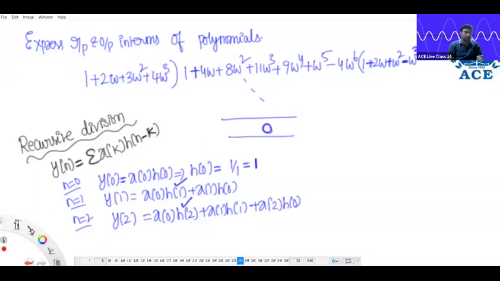Why the word recursive, sir? If you want to get h1, compulsorily we need h0. If you want to get h2, compulsorily we need h1 and h0. If you solve by this method, minimum 1 hour, you will waste your time.